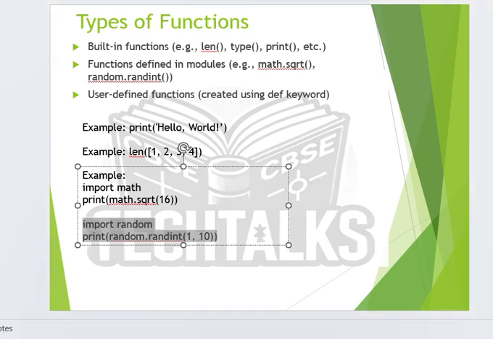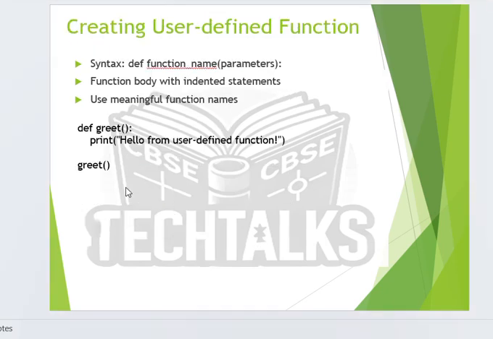Now when we talk about user defined functions, there are a few things which need to be taken into consideration. The first thing is that the function has to start with the keyword def. Def is the definition, we are defining, and after that the function name. You can use any identifier as a function name, and then the parenthesis, and inside the parenthesis you will be passing some parameters.